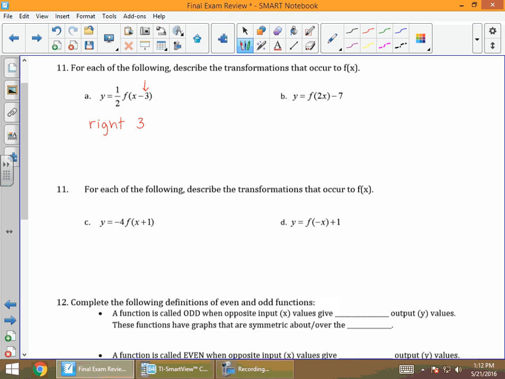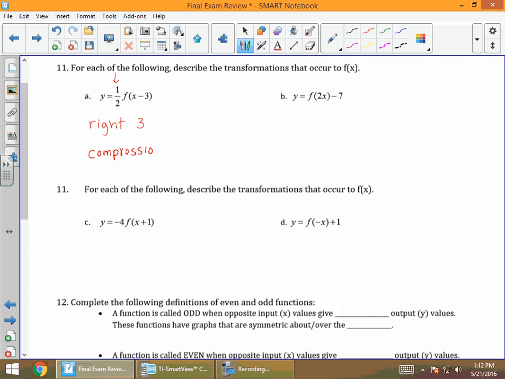The other thing that's happening is I have this 1/2, and it is outside of the parentheses. So I don't have to think about it being backwards. This is outside, so it is half as big. If you think about taking something and making it half of its size, that means you are compressing it.